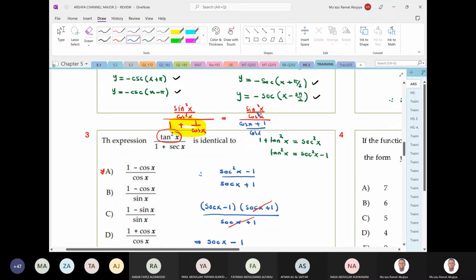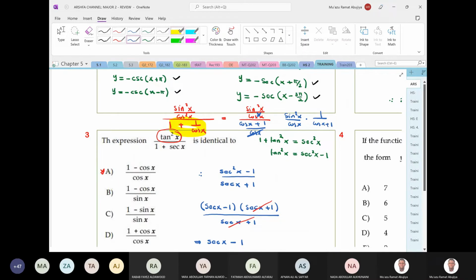Now, the cosine squared, the power here, we cancel with this one here. And then, if you look at it very well, you are left with sine squared of x divided by cosine of x. Now, let me take the reciprocal. We can say 1 over cosine of x plus 1.